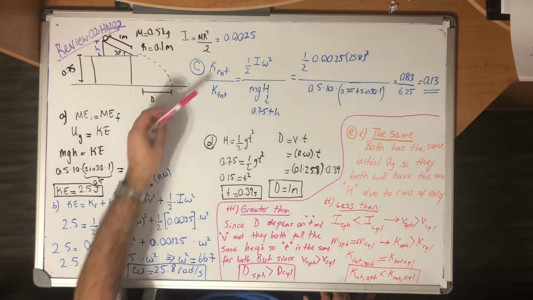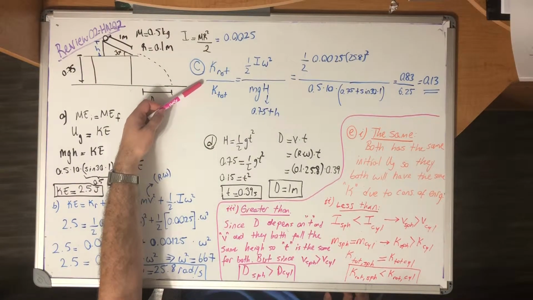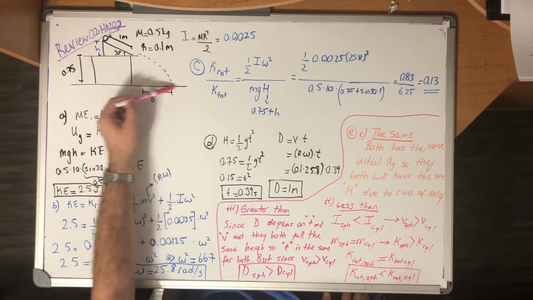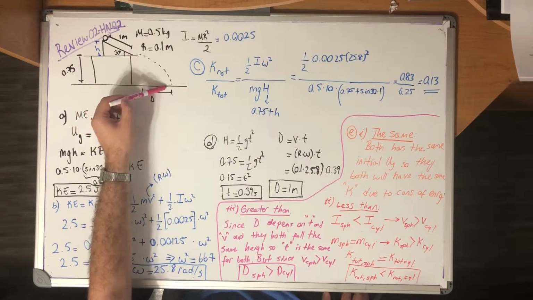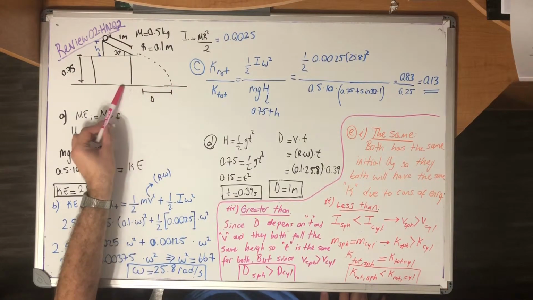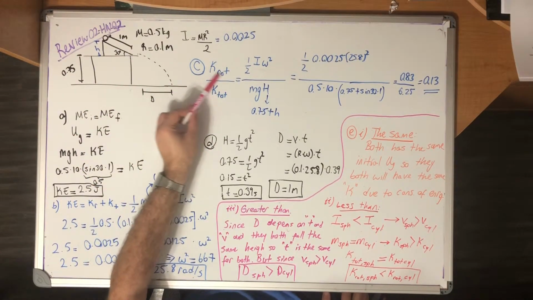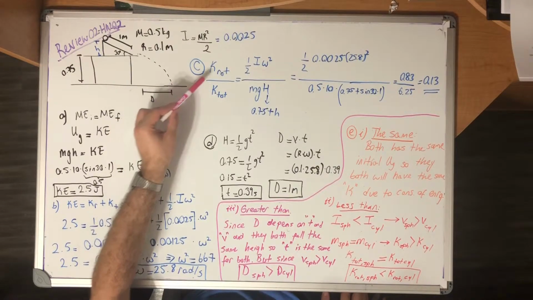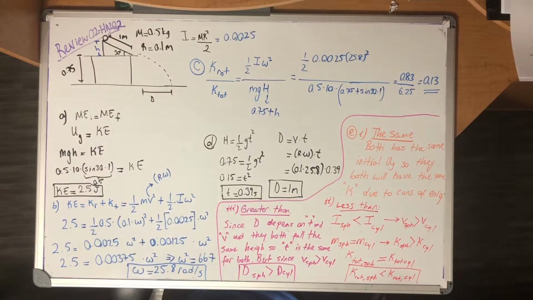And in part C, they are asking for the ratio of the total kinetic energy at the bottom, on the floor. That's important. They're not asking for this part, but they're asking for the floor, and the ratio of that total energy at the bottom, on the floor, to the rotational kinetic energy of the disk.